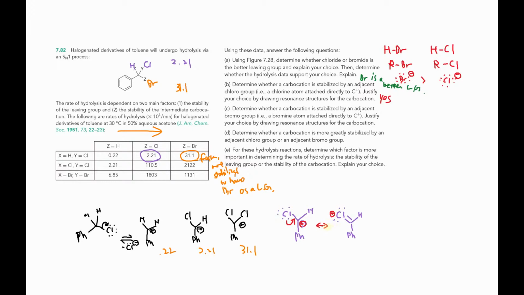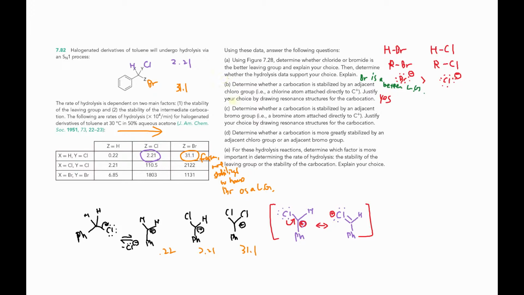This has to be the resonance arrow with a bracket. Since we have a stabilizing factor, and we will have more arrows when we have this, it shows that having more chloro groups is stabilizing.